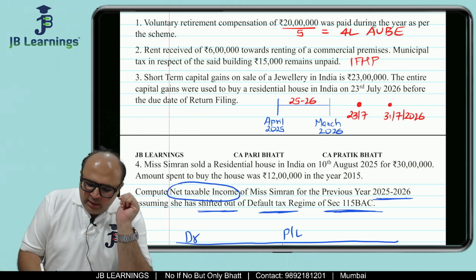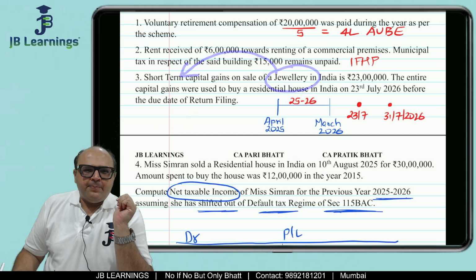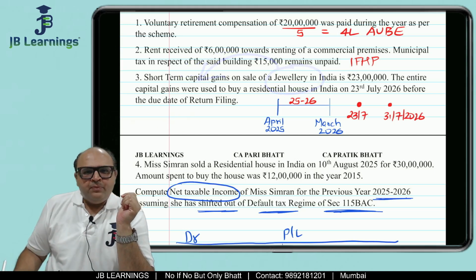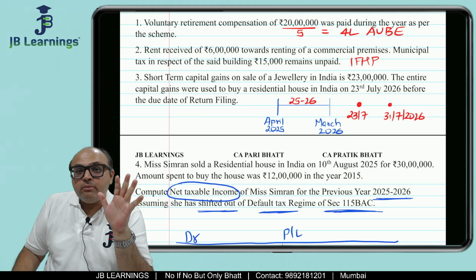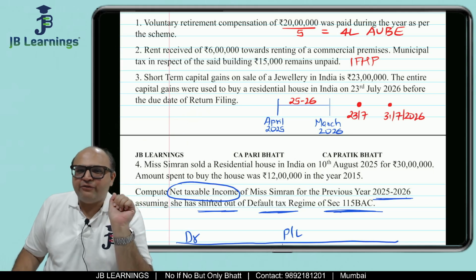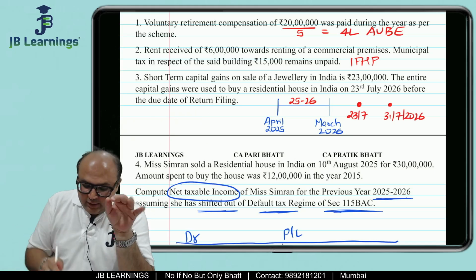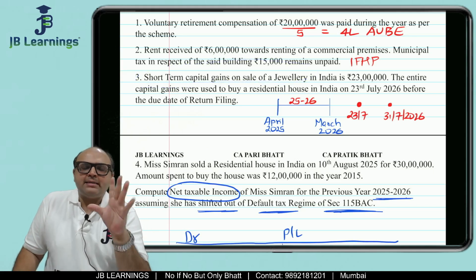Friends, if jewelry's gain was a long-term capital gain, I repeat, if it was a long-term capital gain and a residential house is bought, then we would have thought about section 54F. But in 54F, you get exemption only if the asset sold is a long-term capital asset.